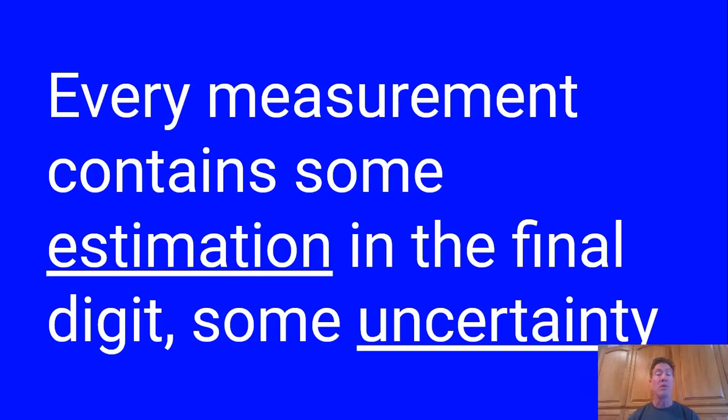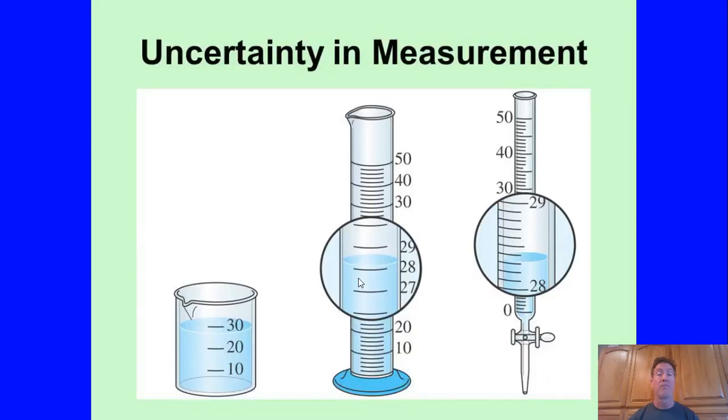We include the number of digits that we're certain of and one additional estimated unit. And that last digit, that estimated digit, that is where the uncertainty is. All the other numbers are certain, but the last number is uncertain. It's not one you're going to fight about. Someone else could do the same measurement, and their number might be one higher or one lower in that final digit because of the estimation involved.